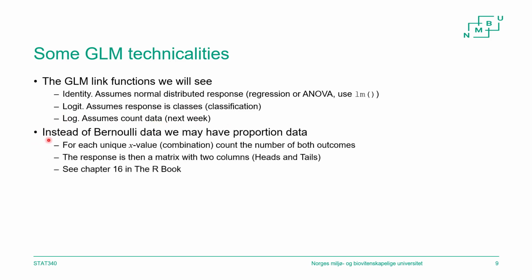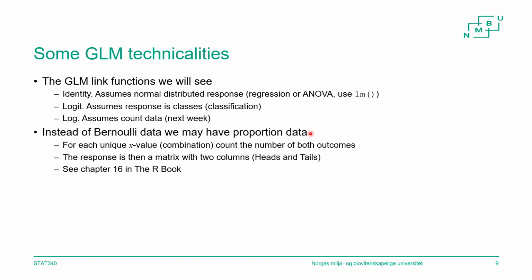I should also mention that instead of the Bernoulli data that we focused on now, so making each data case a separate Bernoulli variable, you can actually turn it into proportion data. Imagine that even if you split this x-axis into thinner and thinner regions, you can still end up having several data cases with exactly the same x value, right?